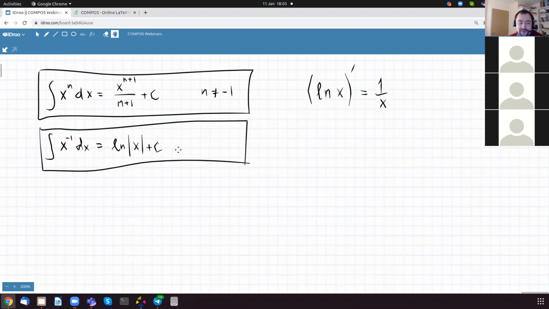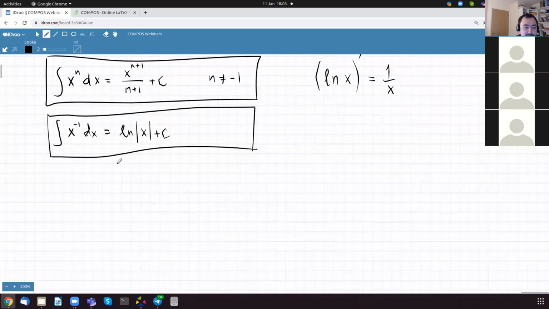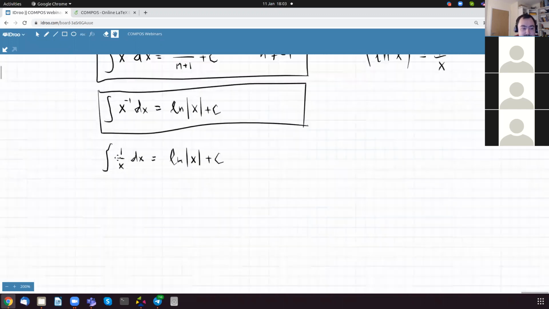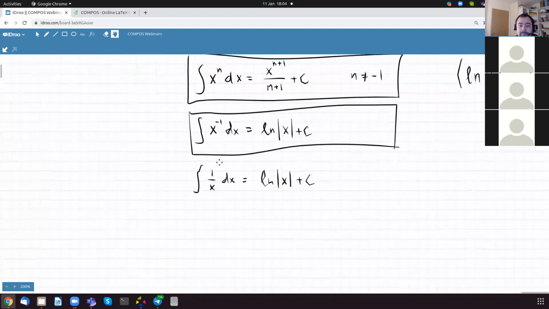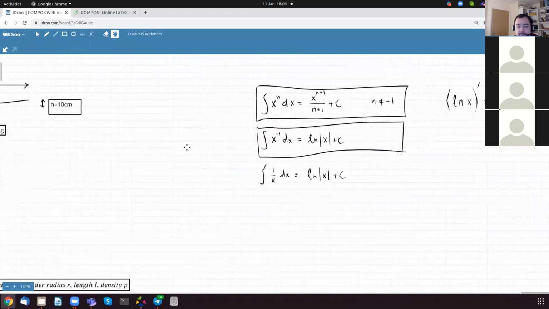I won't go deeper than that for now. You can write it in a slightly different way: the integral of 1 over x dx equals the logarithm of modulus x plus c. The modulus is here because x can be negative, but you cannot take a logarithm of a negative number. So yeah, that's about it.